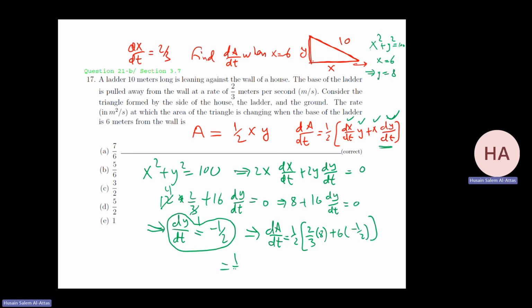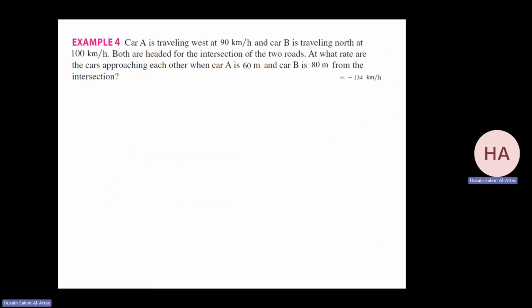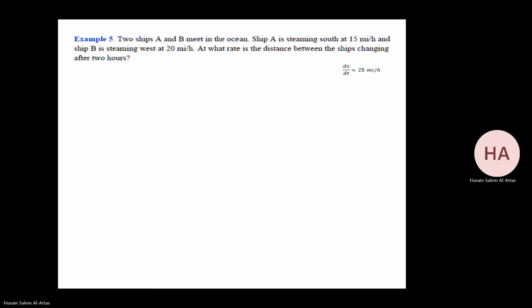That gives me half. What we have here? 16 over 3 minus 3, which is minus 9 over 3. So that gives me 7 over 3. So I have half times 7 over 3, which is 7 over 6. And that will be the answer.